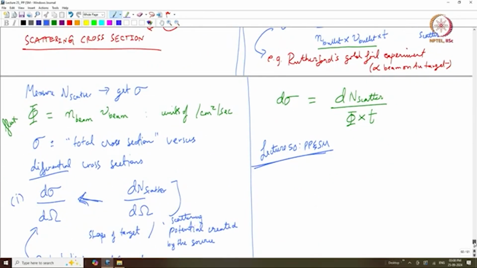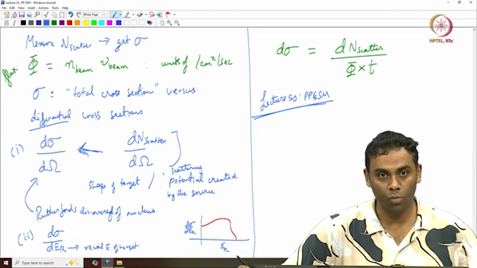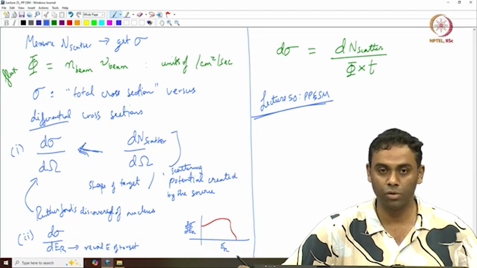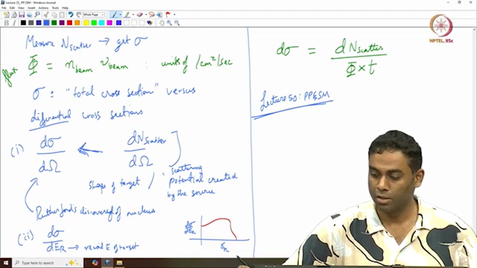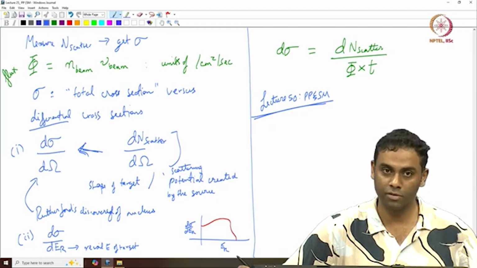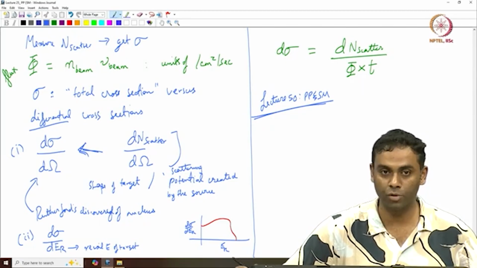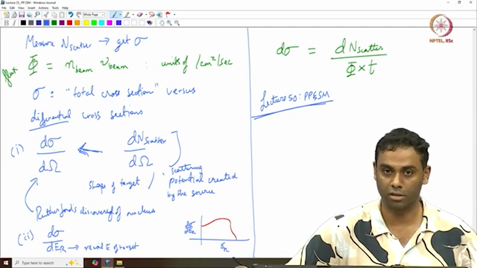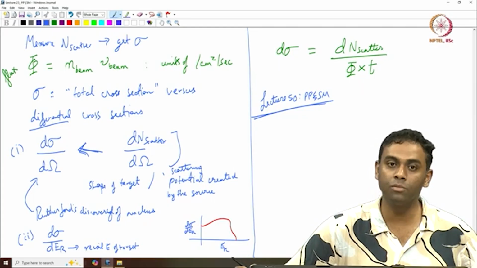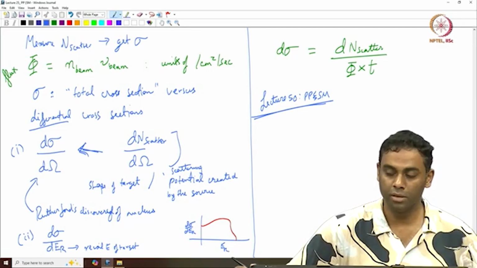Where now you measure the number of beam particles that scatter, and in particular if you measure how many beam particles go into what direction, you get these differential rates with respect to angle, which gives you differential cross sections, and similarly you can have differential rates with respect to energy or any observable that you want to construct. And this contains even more information about the interaction between the particles, yes.